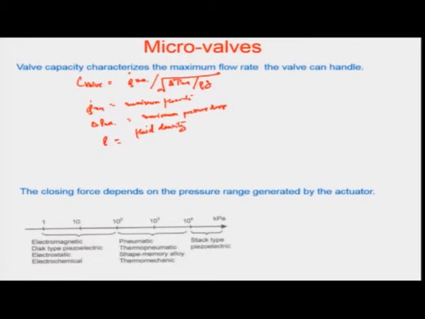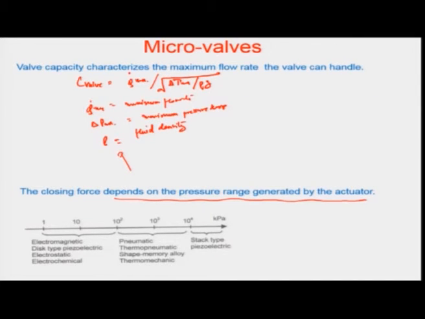So, when we look at what kind of forces are needed to do this closure, so that the total amount of maximum flow rate reduces after the valve is in the closed position, that depends on the ranges generated by different actuators in terms of their base pressure level.